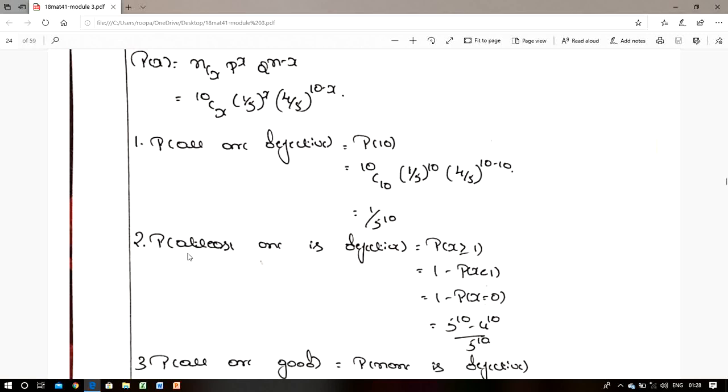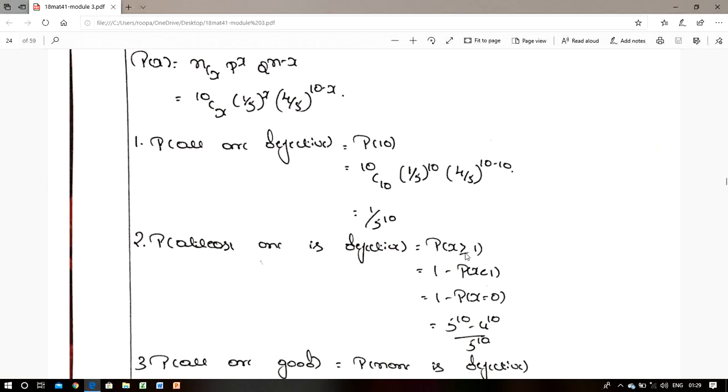Now the second condition: at least one is defective. At least one defective means the minimum is 1 and the maximum is 10. So we write P of x greater than or equal to 1, which means P of 1 plus P of 2 plus P of 3 plus P of 4 plus P of 5 up to P of 10.